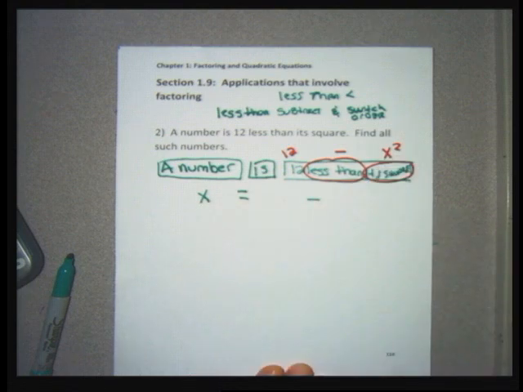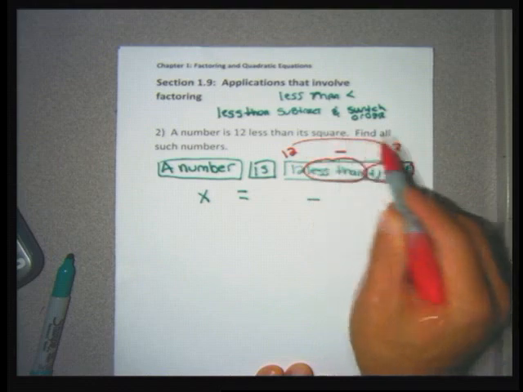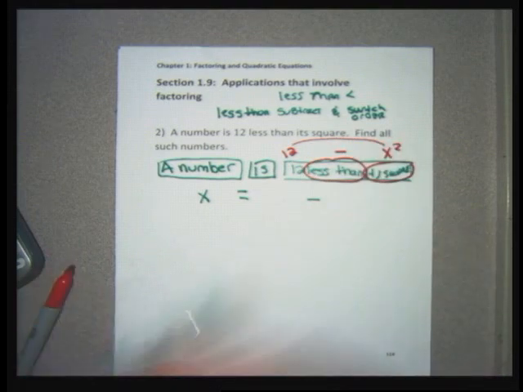If I put it like this, that wouldn't mean 12 less than its square, it would be X squared less than 12. This is meaning the switching of the order is switching the X squared and the 12.